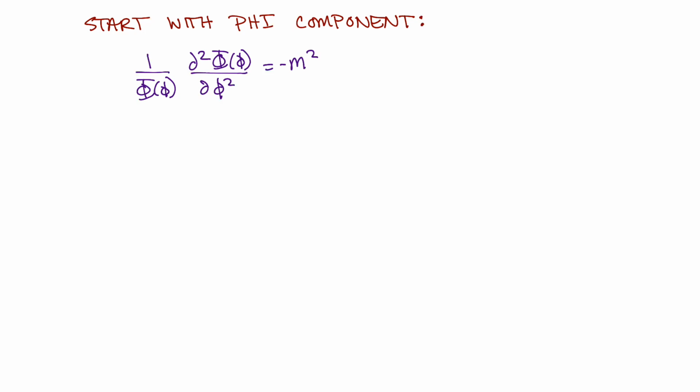Okay, so this is the expression that we had from before for the phi part of our differential equation. So I'm just going to rearrange this ever so slightly. You may already see where I'm going with this if you remember our previous experiences with these types of equations.